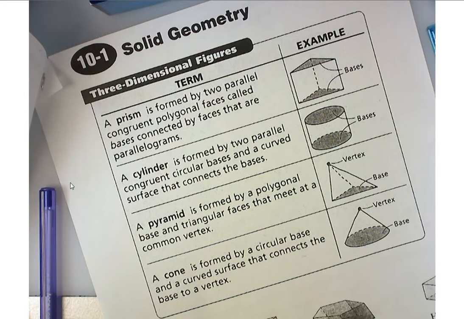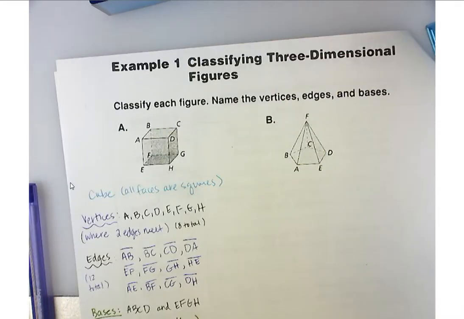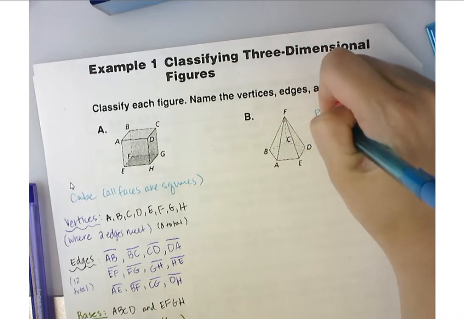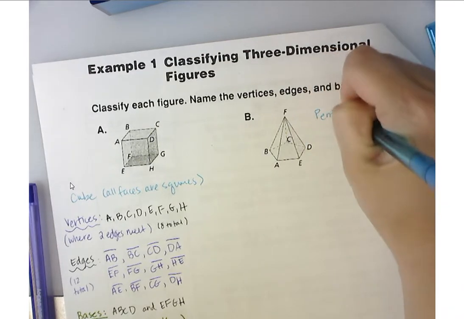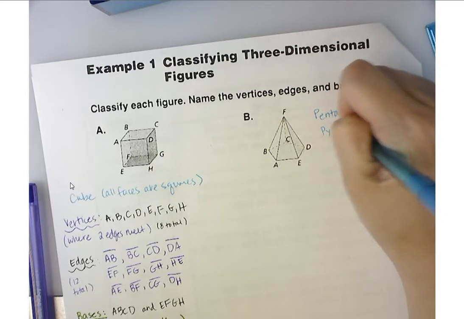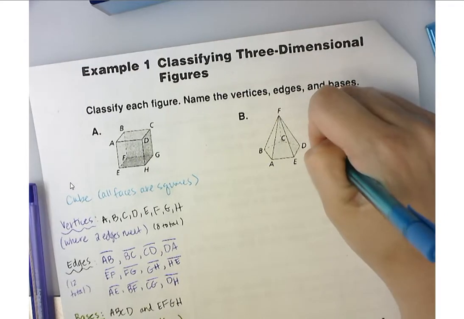Okay, a pyramid can have any polygon as its base. So what kind of polygon is our base for this one? Yeah, it's a pentagon, so we're going to call it a pentagonal pyramid. It's pentagonal because the base is a pentagon.